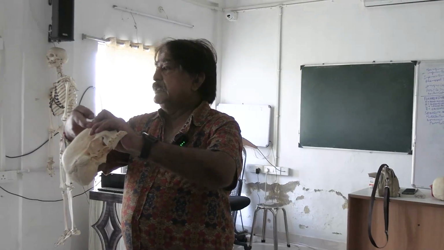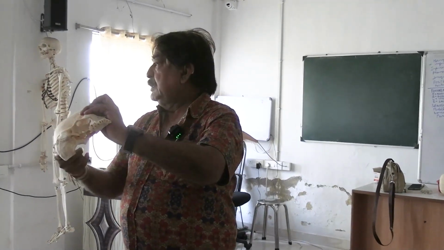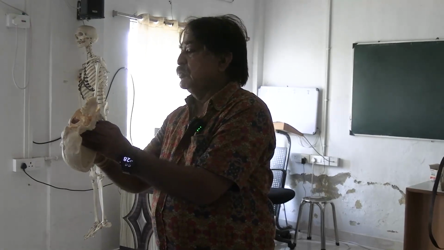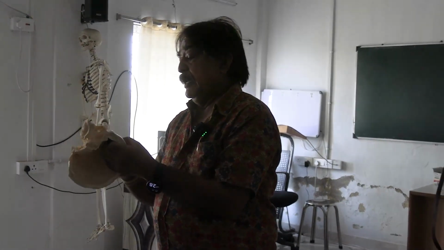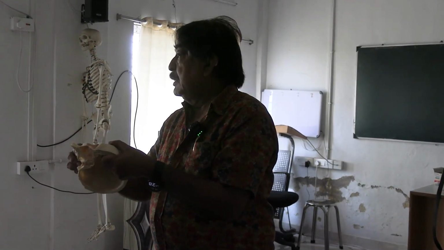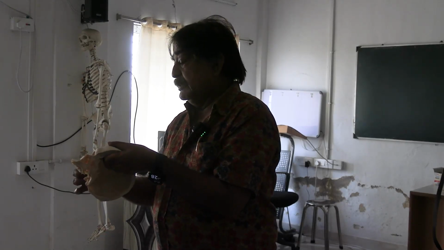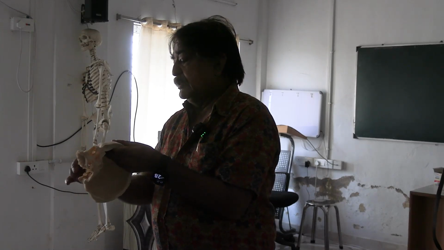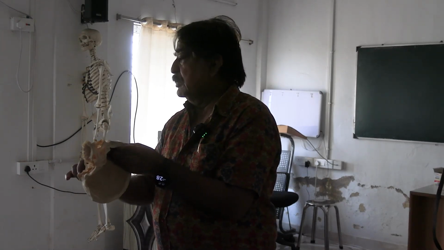See the sutures. See, each is here, sutures, zygomatic bone sutures. This is the temporal bone, the external auditory meatus, the zygomatic arch. This is also joined with this.